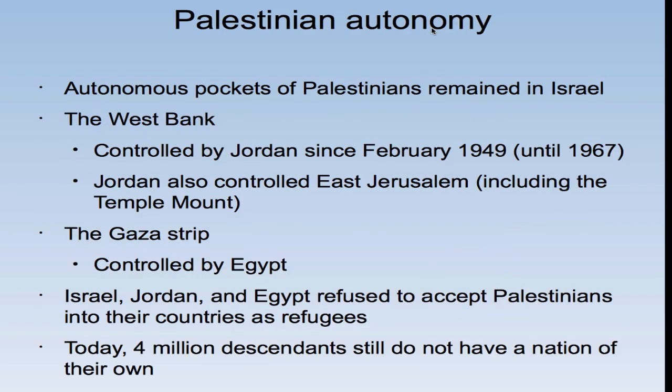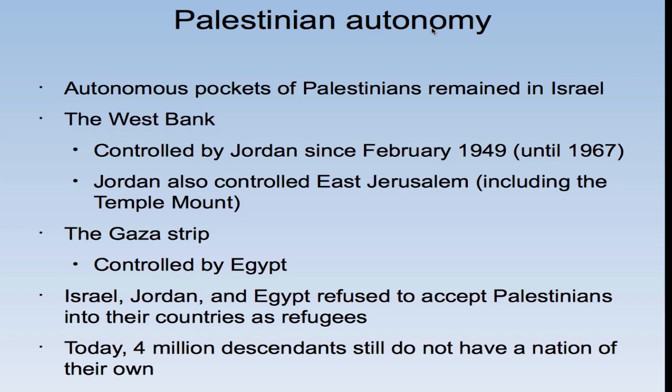Of course, significant autonomous pockets of Palestinians remained in regions within Israel. The first was the West Bank, an area bordering the Mediterranean Sea that had been controlled by Jordan since February 1949. Jordan also controlled the eastern portion of Jerusalem, including the Temple Mount. The second area was the Gaza Strip, which was controlled by Egypt.